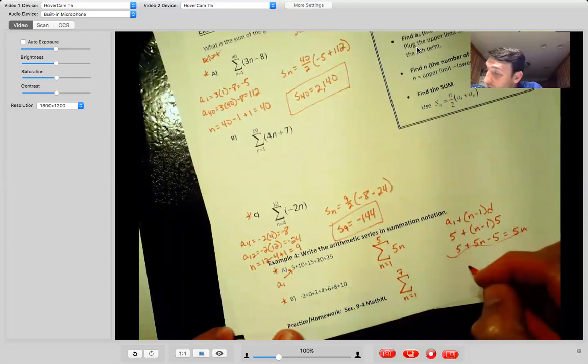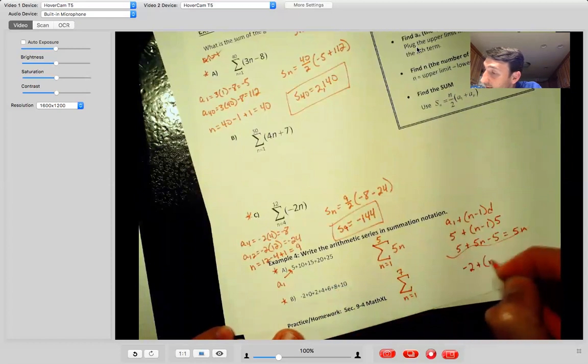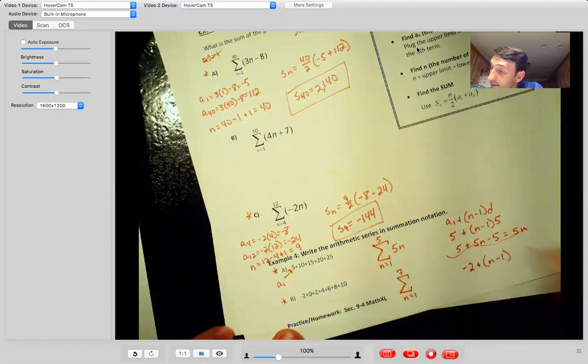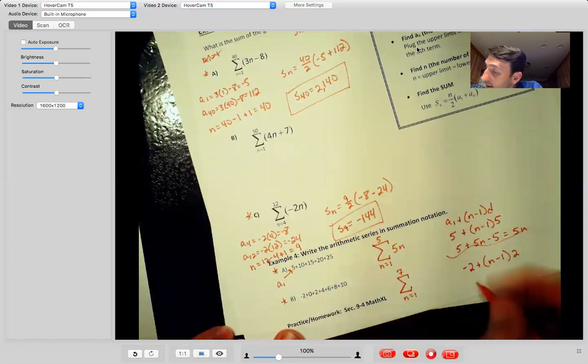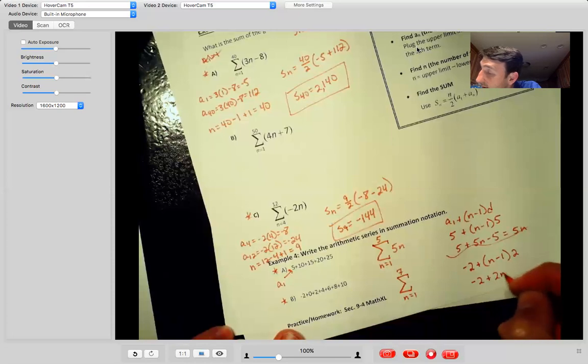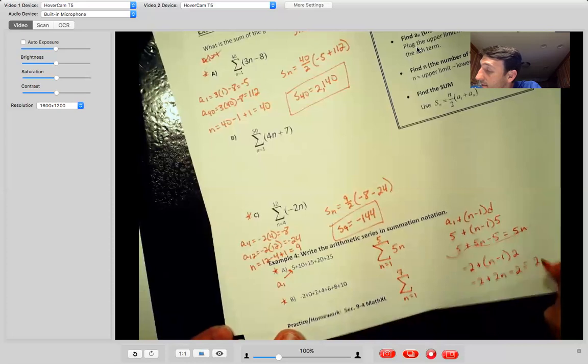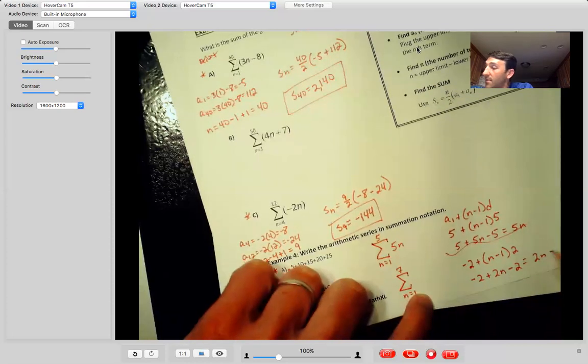So a sub 1 is -2 plus the quantity n minus 1 times the common difference. So that would be 2 in this case. So -2 plus 2n minus 2. So 2n minus 4.